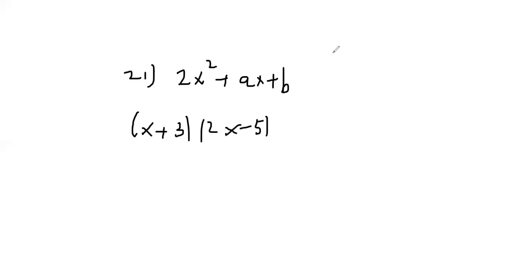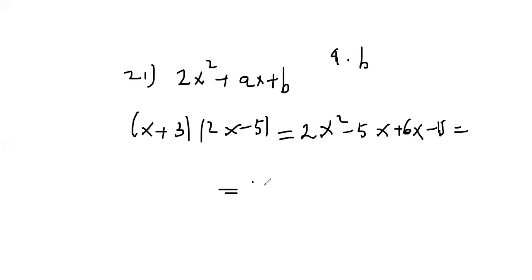How can we find a times b here? We are going to expand the bracket. It's going to be 2x squared minus 5x plus 6x minus 15. It's going to be 2x squared plus x minus 15.